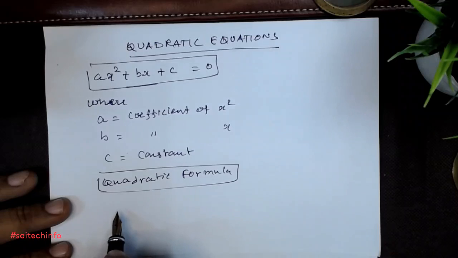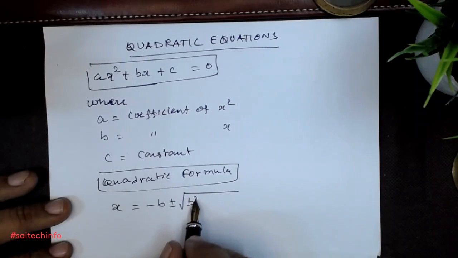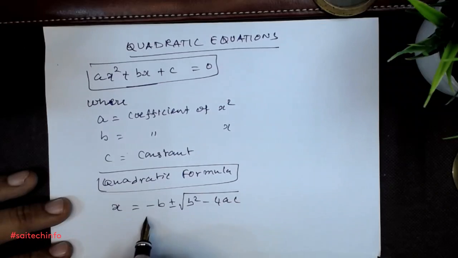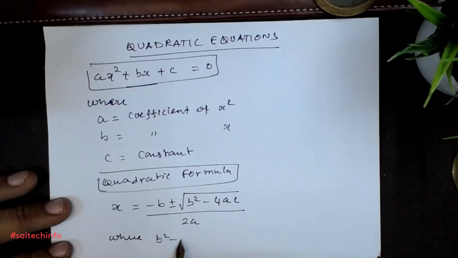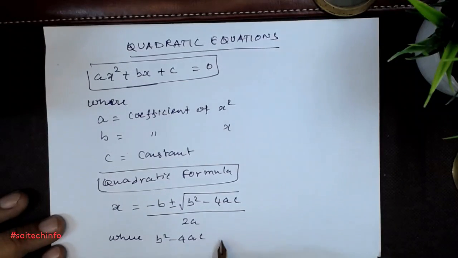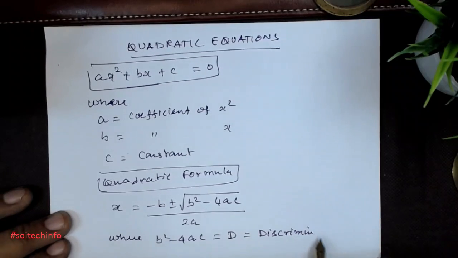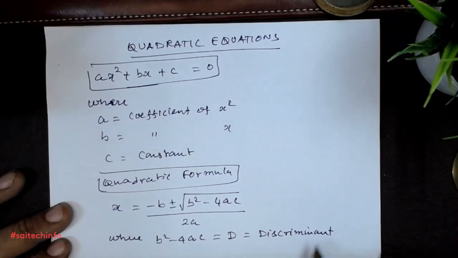It is given by x is equal to minus b plus or minus the whole square root of b squared minus 4ac, whole divided by 2a, where b squared minus 4ac is called d, that is the discriminant. Some authors represent this by delta also.